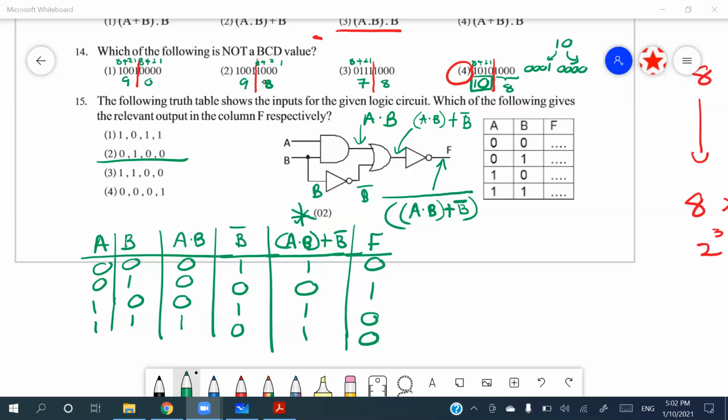Now, Isara, can you tell me which place is bothering you, which place is not clear for you? Is it the entire thing, or just in the middle? A dot B, this multiplication one. Multiplication one. Okay, right. Okay, I'll go through.